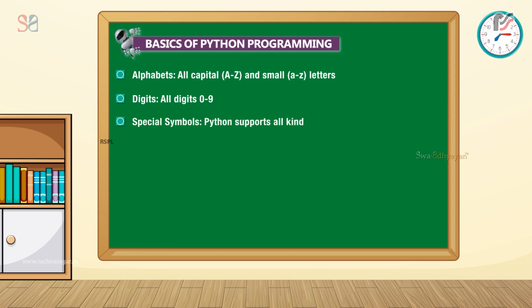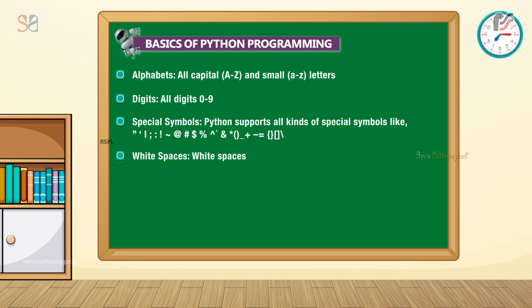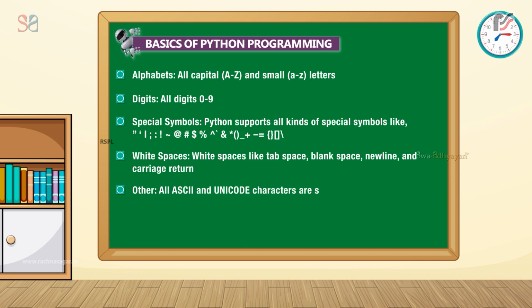Special symbols. Python supports all kinds of special symbols like these. Then white spaces like tab space, blank space, new line and carriage return. And others. All ASCII and Unicode characters are supported by Python, which constitutes the Python character set.